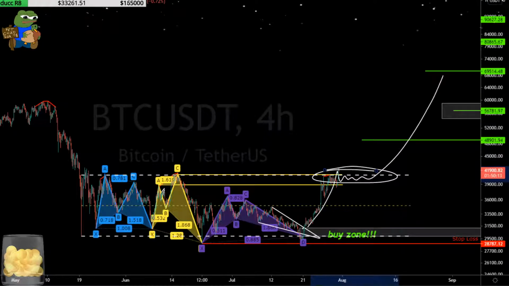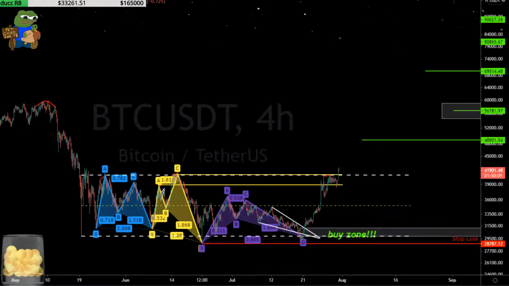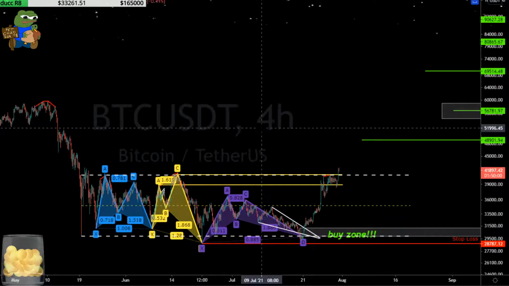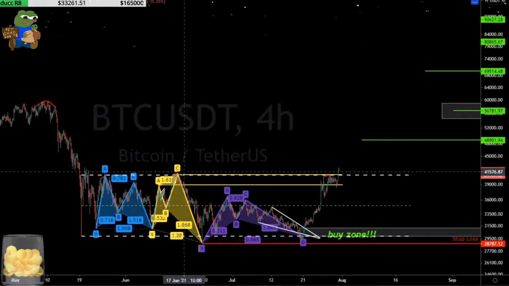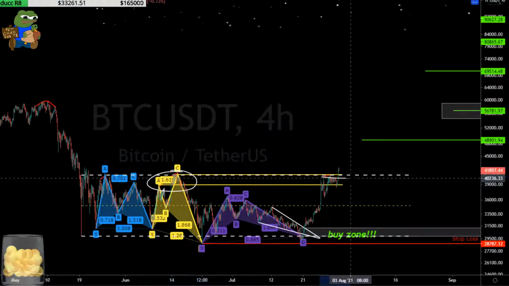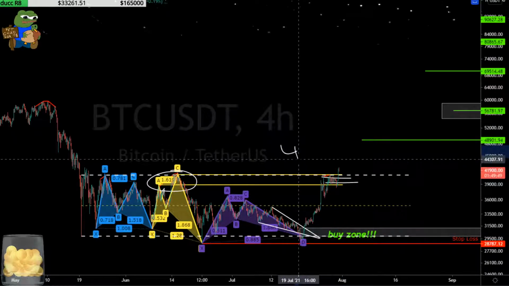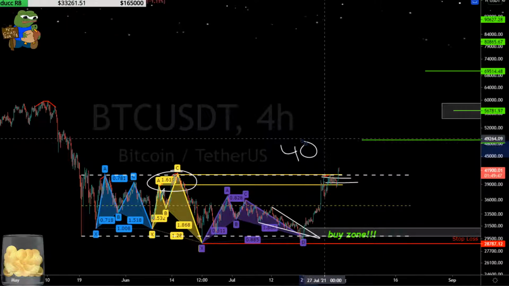So that's why, again, I forget what coin we were just talking about in the chat. I think it was Link. I was exiting Link when it hit these take profit target areas of its harmonic, in its zone here, and exited 40% of the position.